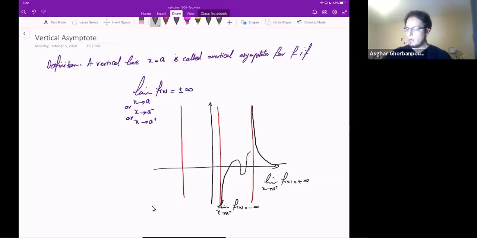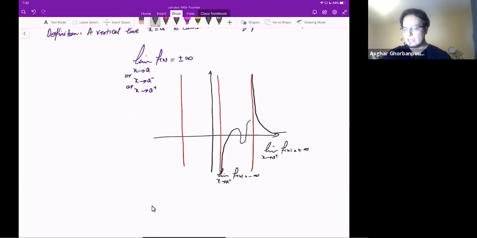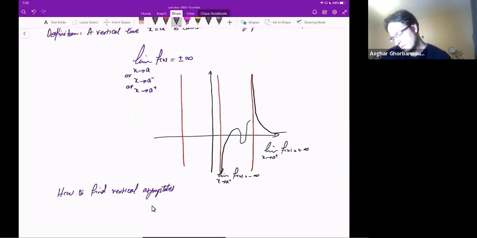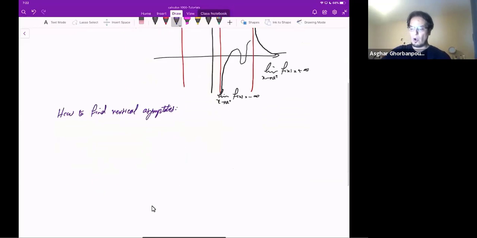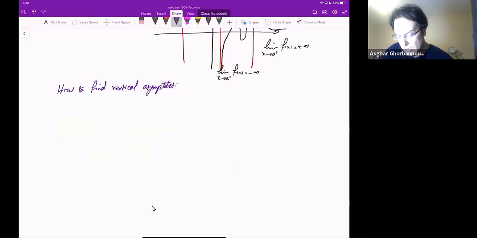Okay. You may ask, how do we find vertical asymptotes? Well, how to do it in general is not easy, but for quotients or rational functions, and this is something that we can use in other cases too.